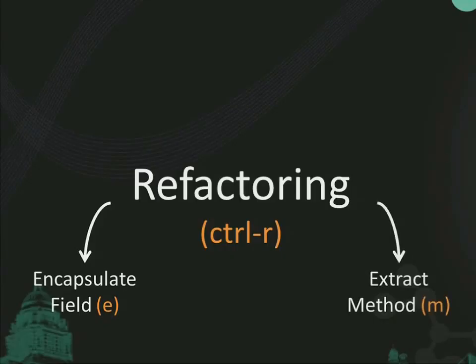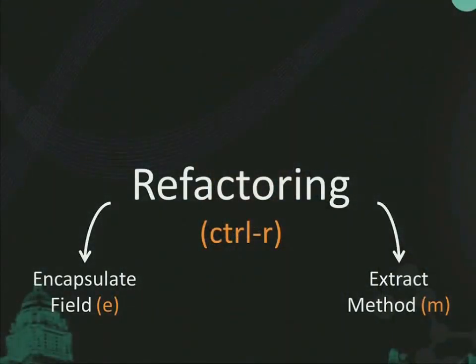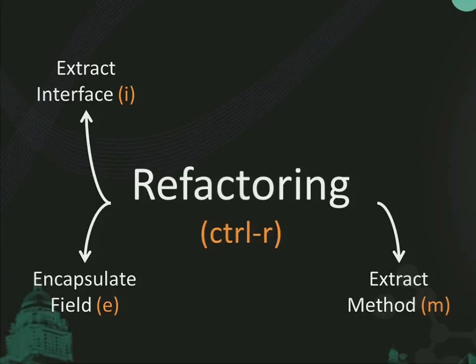Extract method is another pretty useful thing to do, particularly since you shouldn't have really long methods. If you see a place where you're adding comments, then it's probably a good idea to extract that method and name it. We can do the same thing with extract interface, except instead of pulling the method out, we're actually taking all the method signatures and property signatures and putting them into an interface for reuse.